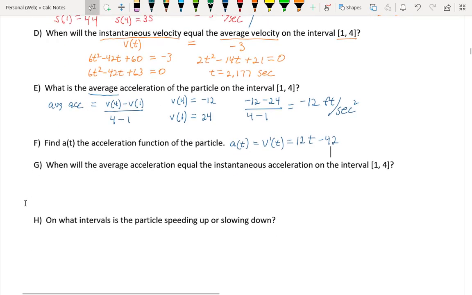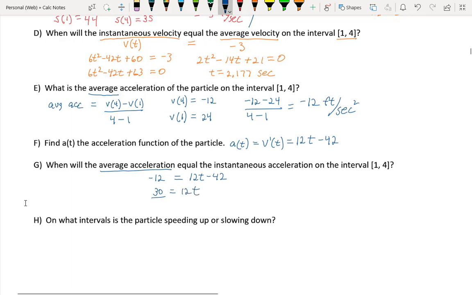And then part G says, when will the average acceleration equal the instantaneous acceleration? Well, average acceleration, that was negative 12. And instantaneous acceleration, that's our function that we just did. That's 12t minus 42. So I need to solve this. So I'm going to add 42 to both sides. That's going to be 30 equals 12t.